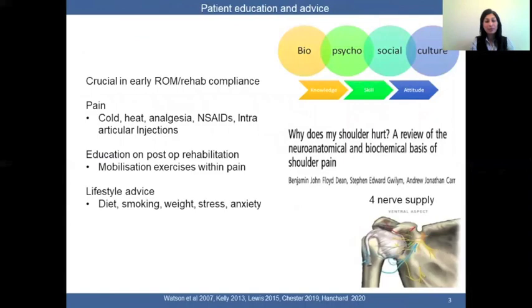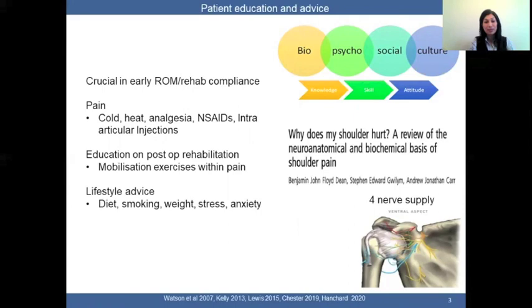There has been a lot of emphasis in the literature with regards to patient education and advice, and this has been endorsed in the recently published Hanchard et al. 2020 postoperative protocol for UK FROST trials. They mentioned that huge emphasis should be given to educating patients on how to manage their conditions, self-empowering them, and improving self-efficacy.